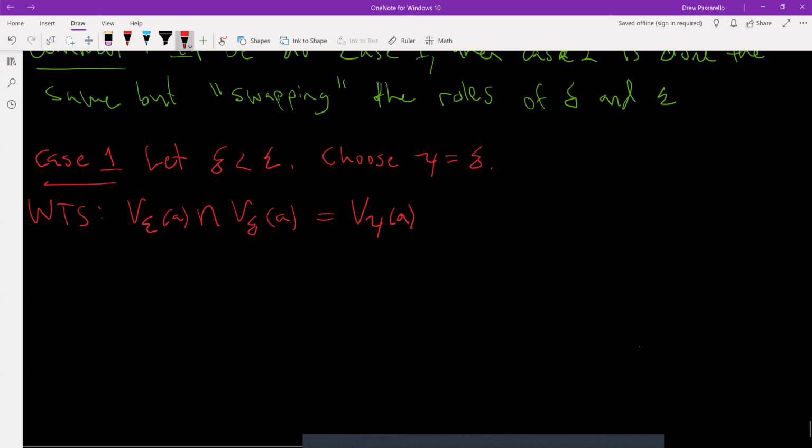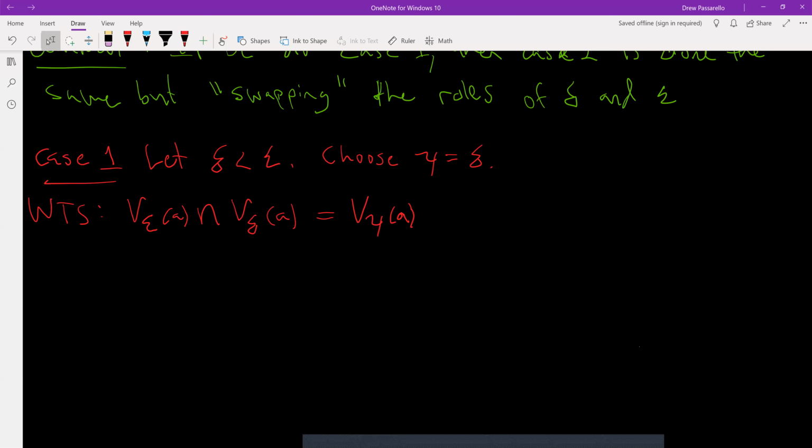Now these are sets. So for sets, for the equals, I need to show containment both ways.